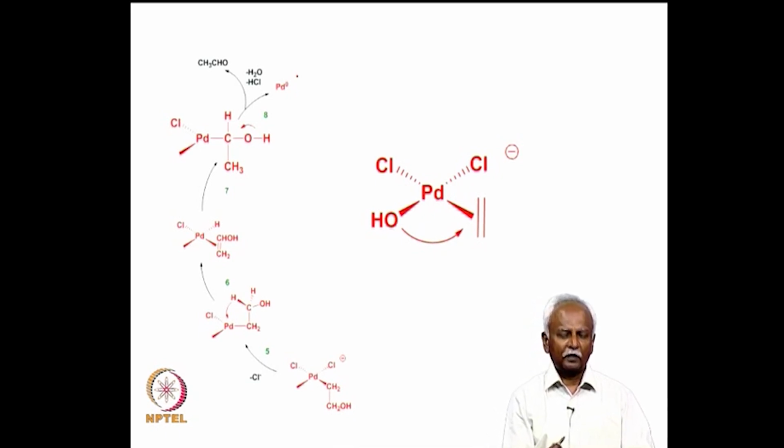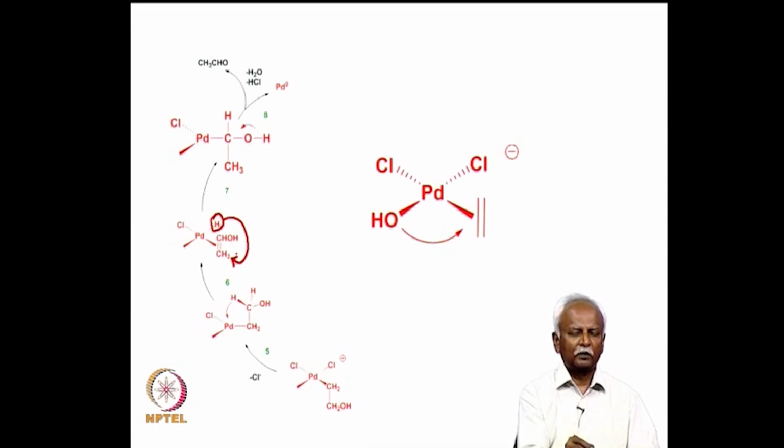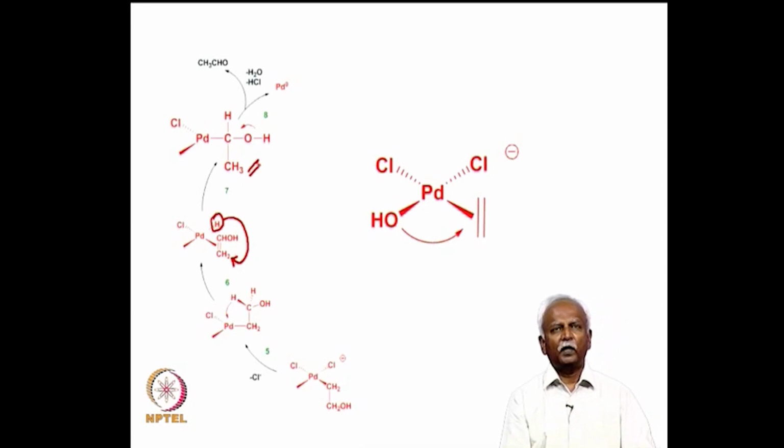There is also an alternative mechanism for this whole process. If the migratory insertion were to proceed from the hydrogen onto the CH2, and this hydrogen adds on to the CH2, you would end up with this molecule, where you have a CHOH attached to the palladium directly.